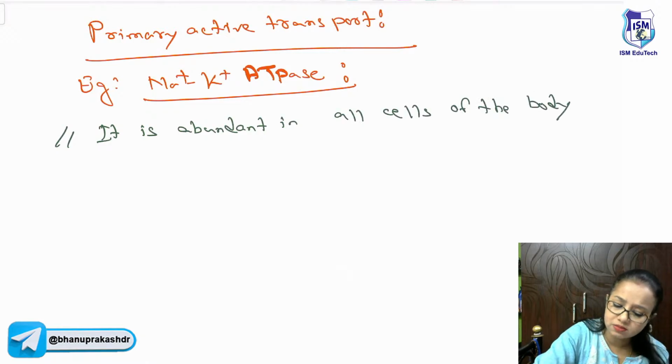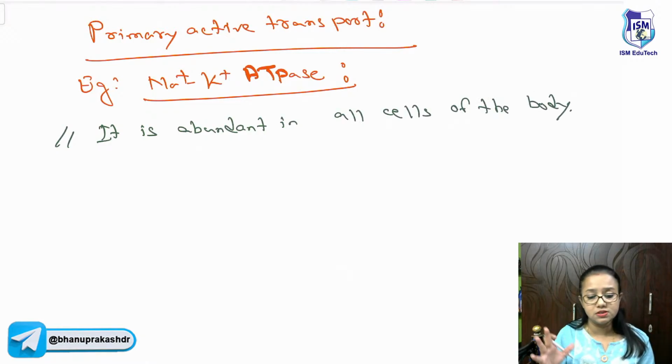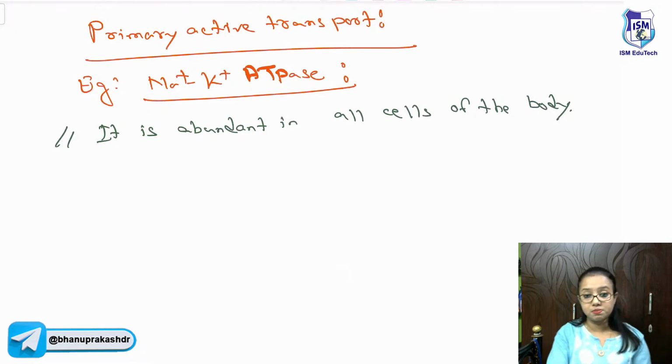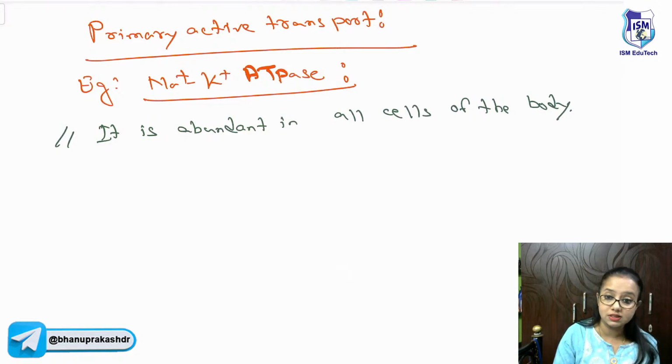Whatever cells we take, whether it is peripheral cells, nervous cell, everything, everywhere this sodium potassium pump is there. And sodium potassium pump is essential for various functions of the cell to maintain the electrical neutrality of the cell also. That also gradually we will study.